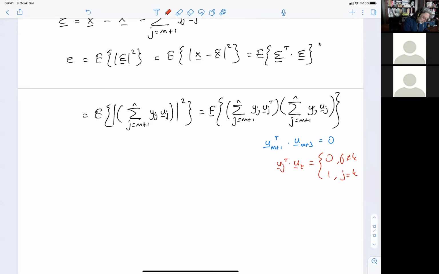So by this observation, and by closely inspecting what is going on in here, we will notice that this term will multiply with this term only when this j is exactly the same as this running index j. And then the multiplication will be y_j times y_j times 1, because u_j transpose u_j will become 1.